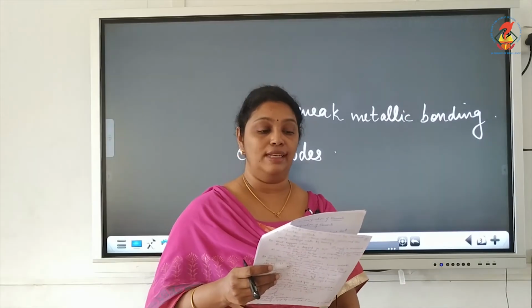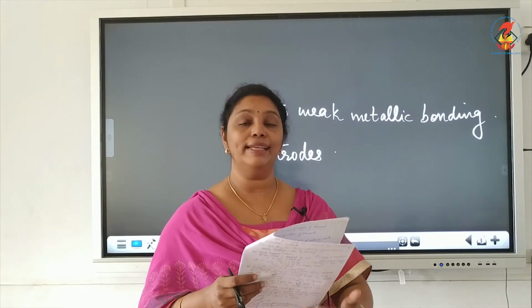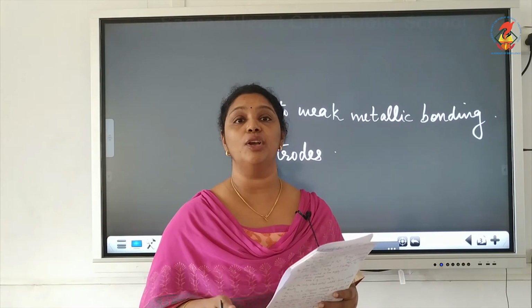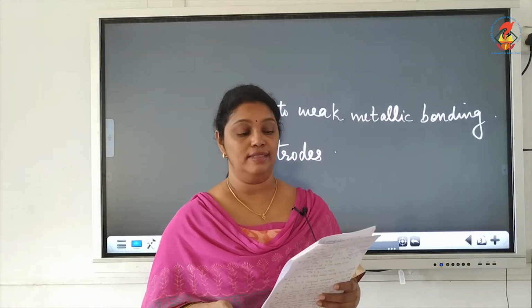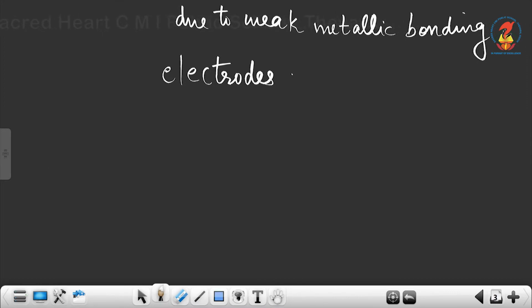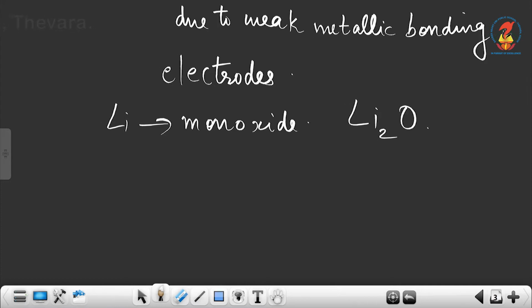Now, next question is, give the reaction of alkali metals with oxygen. We know that the alkali metals combine with oxygen to form oxides, and lithium when treated with oxygen forms lithium monoxide, and the formula is Li2O.